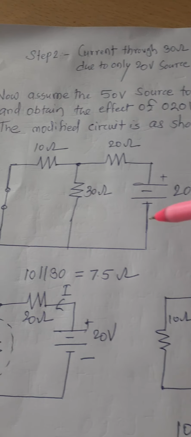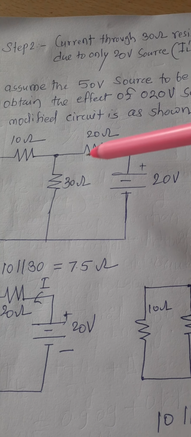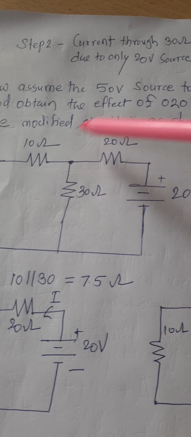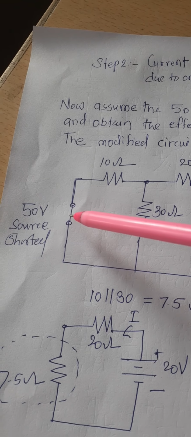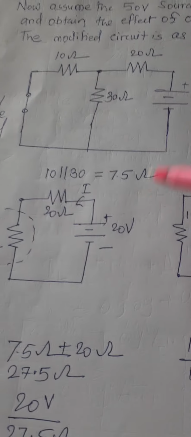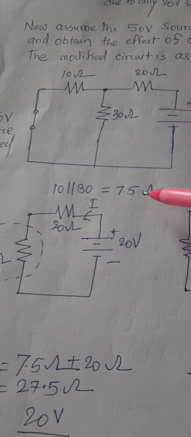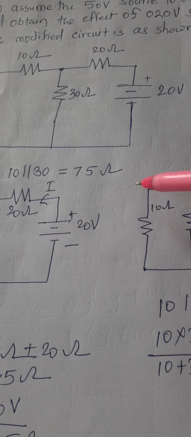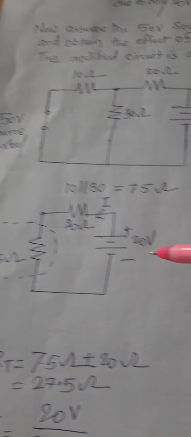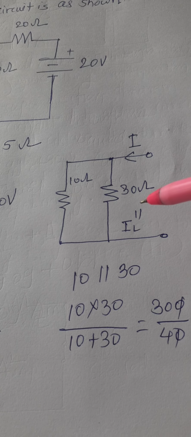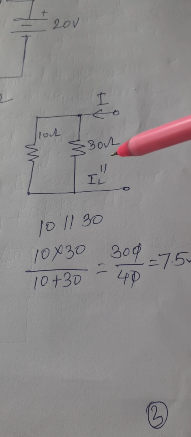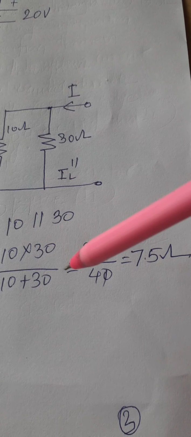Now this particular 20 volt source, 20 ohm, 30 ohm, 10 ohm, and the 50 volt source shorted. So the parallel combination will give you 7.5 ohm.